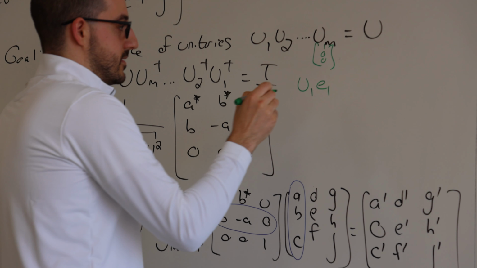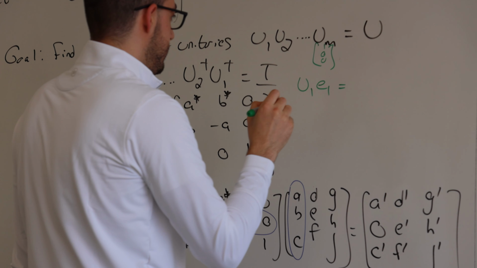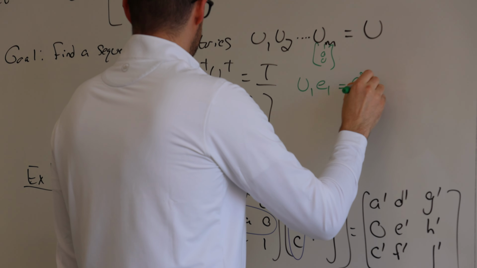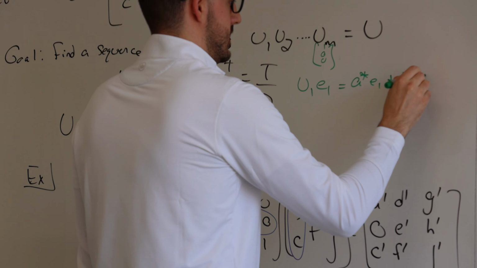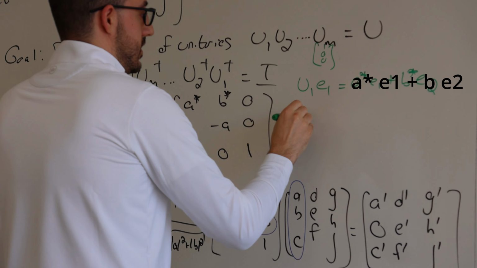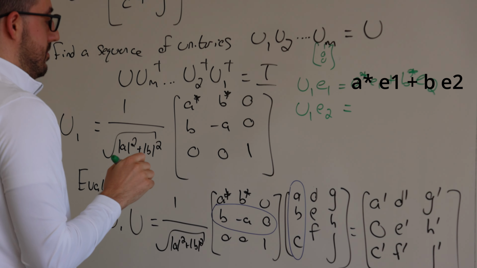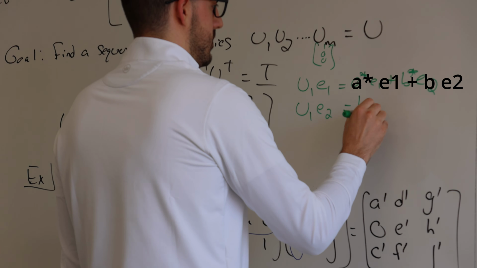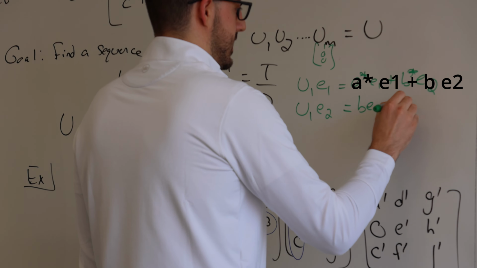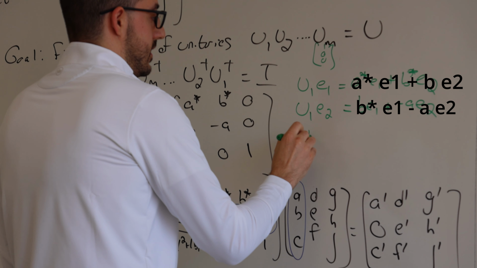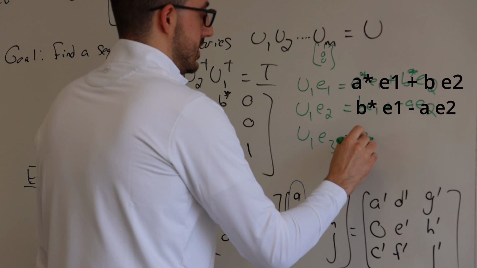So that's equal to A star E1 plus B star E2. Similarly, U1 E2 will be equal to B E1 minus A E2. And then finally, U1 on E3 is just E3.